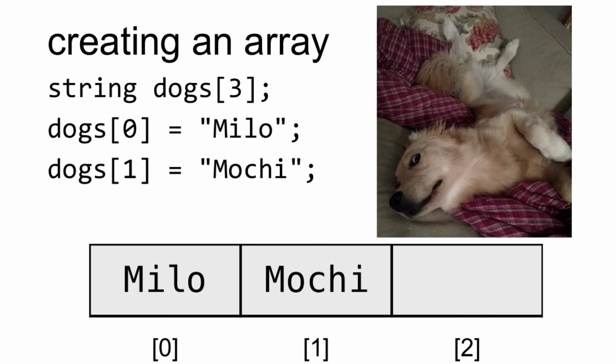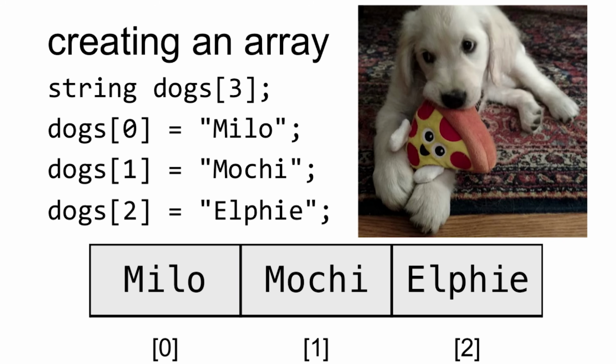Then dogs at index 1 is going to be Goofy Darling Mochi. And then the last entry, the third entry at index 2, is going to be Cute Sweet Elfie. You'll notice that the format for filling in this array is very much like how you might declare any other variable, where you have the variable name followed by the value that you want stored in it.